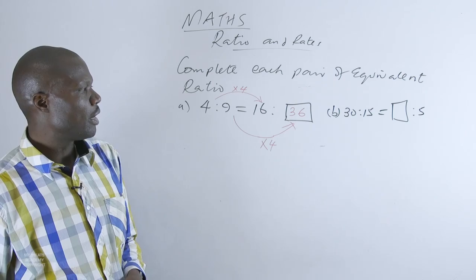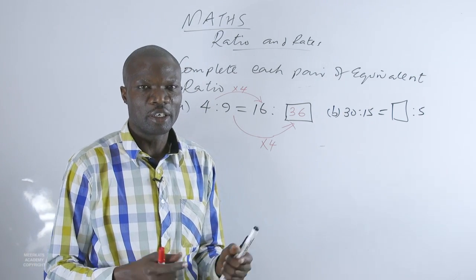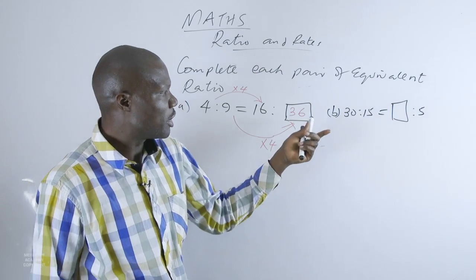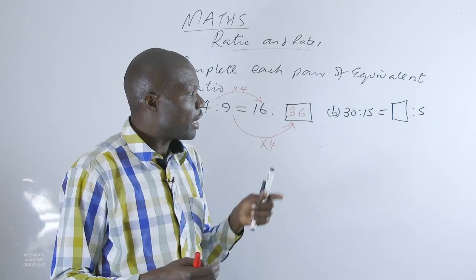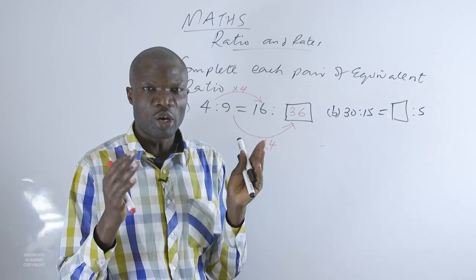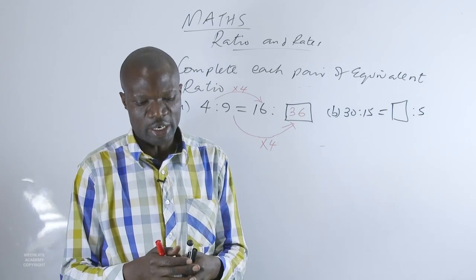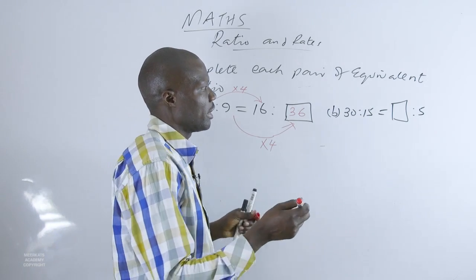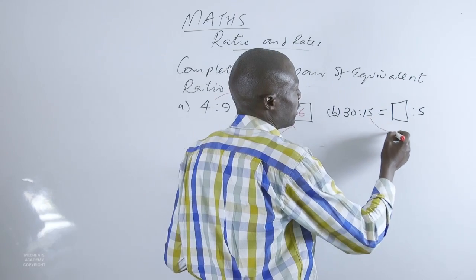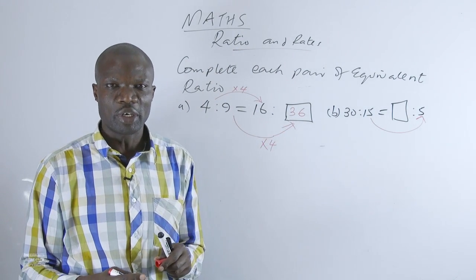For the other one here, again, they are equivalent ratios, but the first one is 30 to 15, and the second one is unknown to 5. So our second number is going to guide us. The question here is, what happened to 15 for us to get 5?